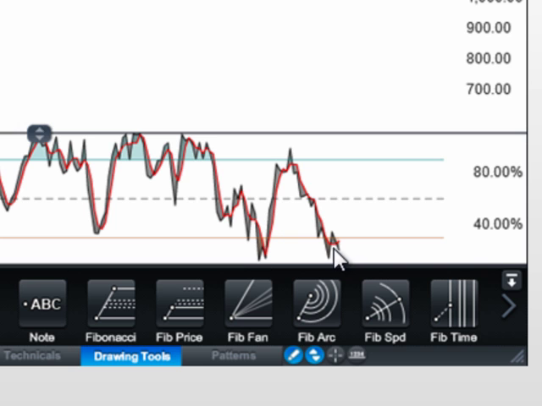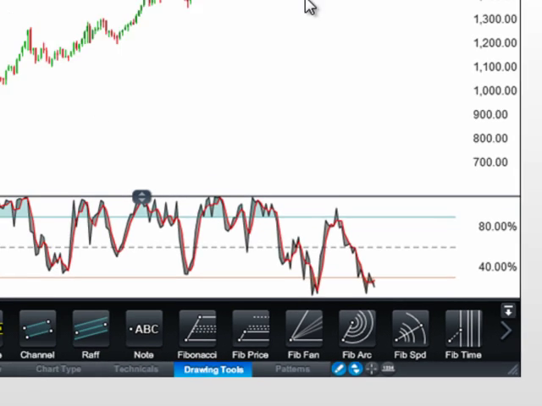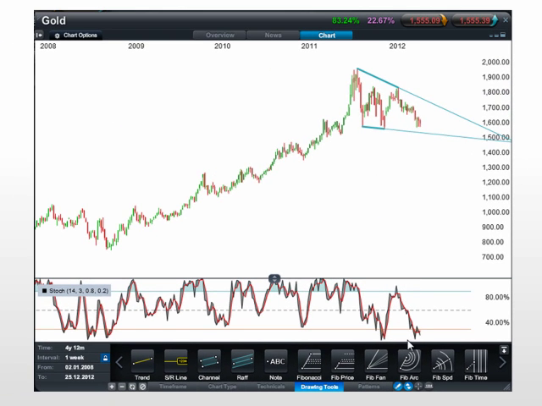And the idea here with this sort of analysis is to try and avoid taking trades that are in the opposite direction to the momentum on the higher time frame chart. What that means is that as a buyer you only select buy setups where the momentum in the stochastic on the weekly, for example, is heading up.